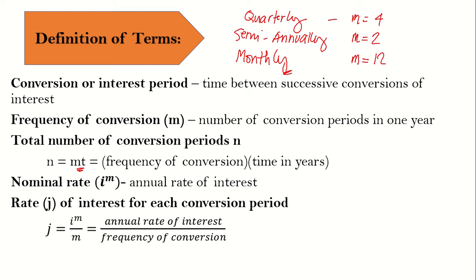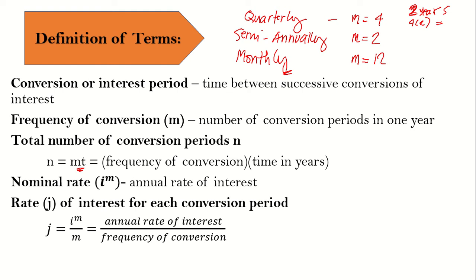Now, the total number of conversion period, denoted by lowercase n, is just equal to m times t, or frequency of conversion times time in years. Say, for example, for quarterly, for 1 year, say, for example, for 2 years. For 2 years, the total number of conversion period for quarterly is 4 times 2.